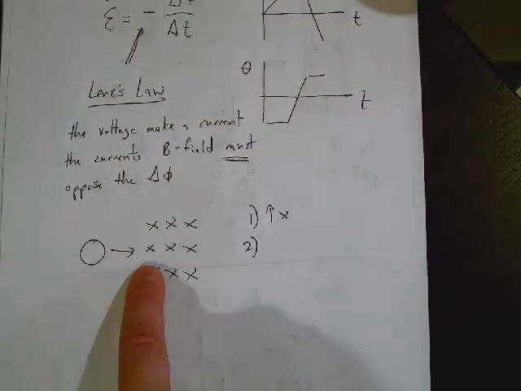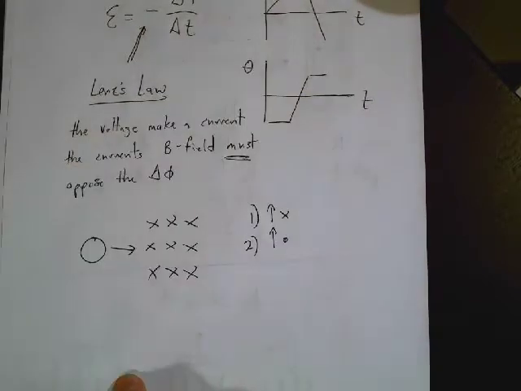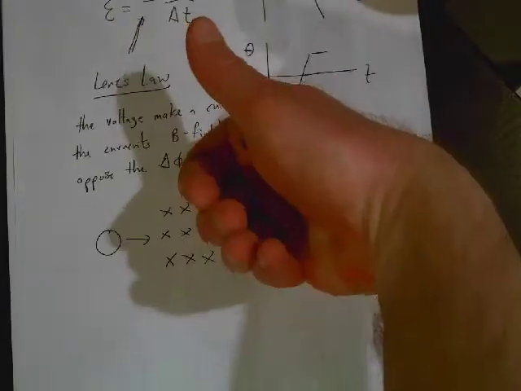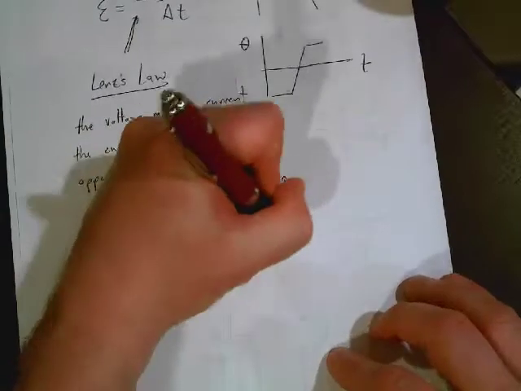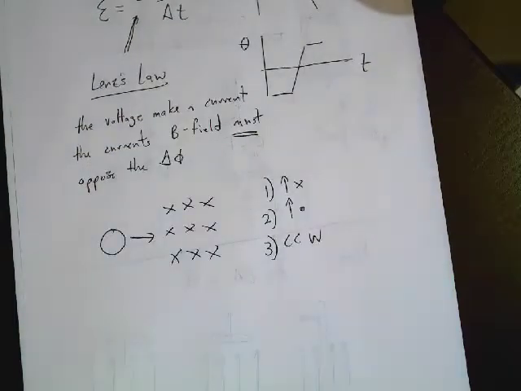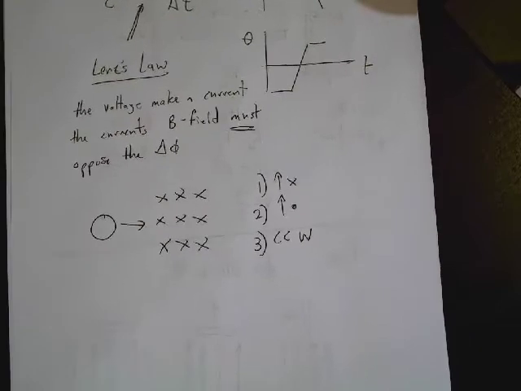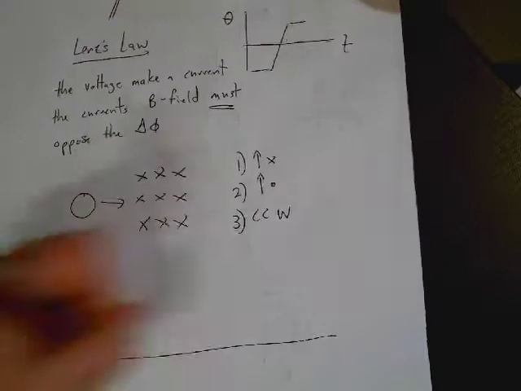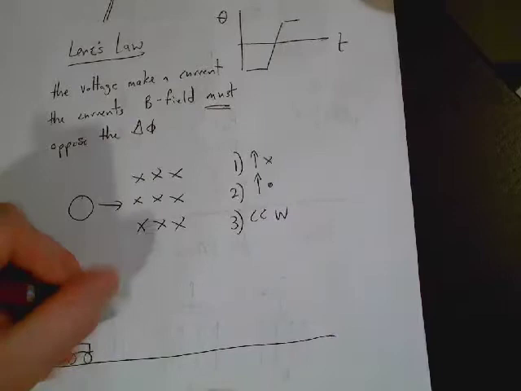So then if I want to oppose that, because if you look, does everybody see how the flux right now is 0? So the current is going to try and keep the flux 0. Well, in order to keep the flux 0, it needs to cancel out some of these X's. How does it do that? I mean, it's going to make some dots. So then if you grab a loop and you say, all right, well then my current, which way does the current have to go? Inside then, the current would have to go counterclockwise. Does everybody follow that okay? That makes sense?